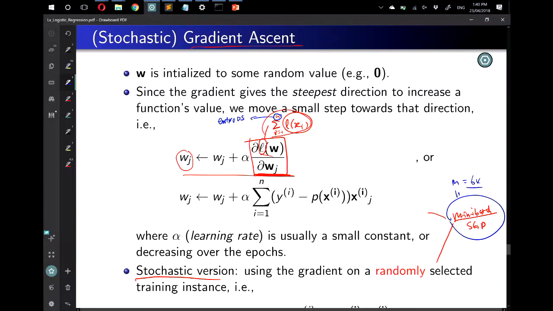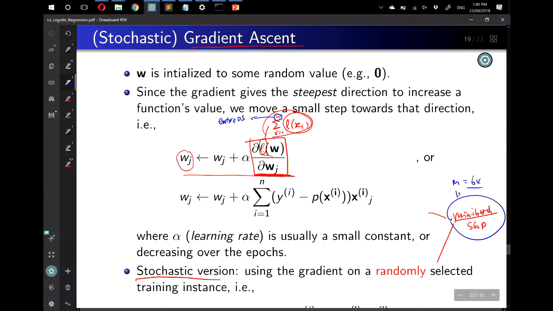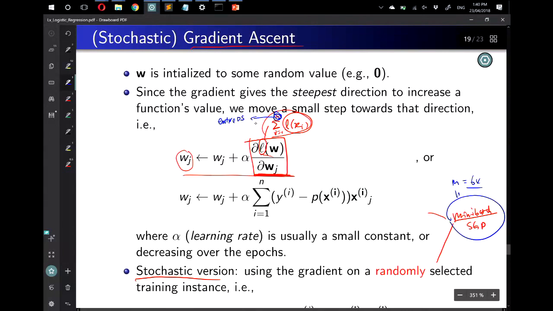Again, the mini batch size is something you need to tune as well. So the summation here goes from 1 to, let's say, 64, and each xi is randomly sampled. Again, in some scenarios you need to design the mini batch, but it's like a random sample from the data set. Okay?